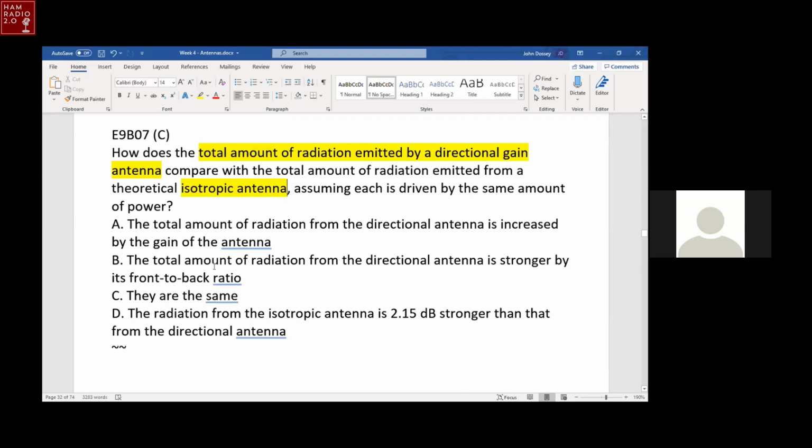So once you add up all the power and all the little lobes coming off a directional antenna, it's going to be the same total power as what you emitted from the isotropic antenna. Same.